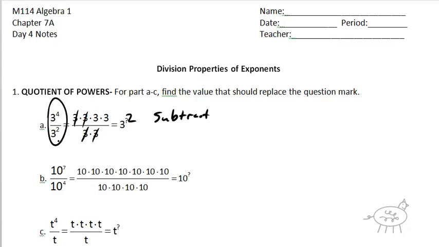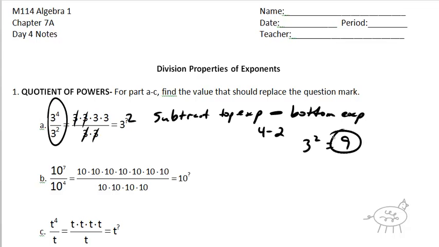But look at the exponents: 4 minus 2 is 2. So it's basically subtract the top exponent minus the bottom exponent. So it's 4 minus 2, and the answer is 3 to the 2nd power, or 9.